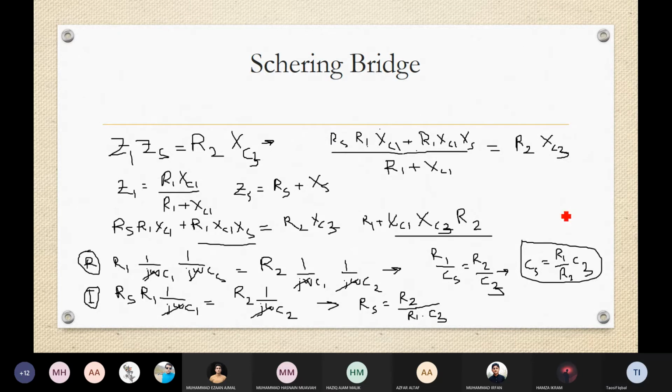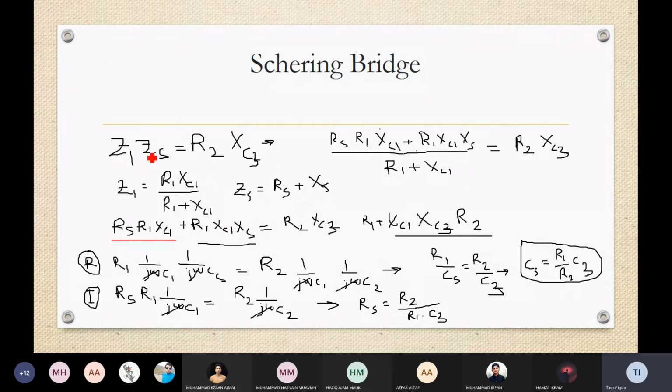Sorry guys. Just repeating again that we have Z1 as R1 XC1 over its denominator, and this is going to multiply by RS. So we get the first component. Then Z1 is going to multiply by the second component, which is XS. So therefore R1 multiplied by XC1 multiplied by XS.